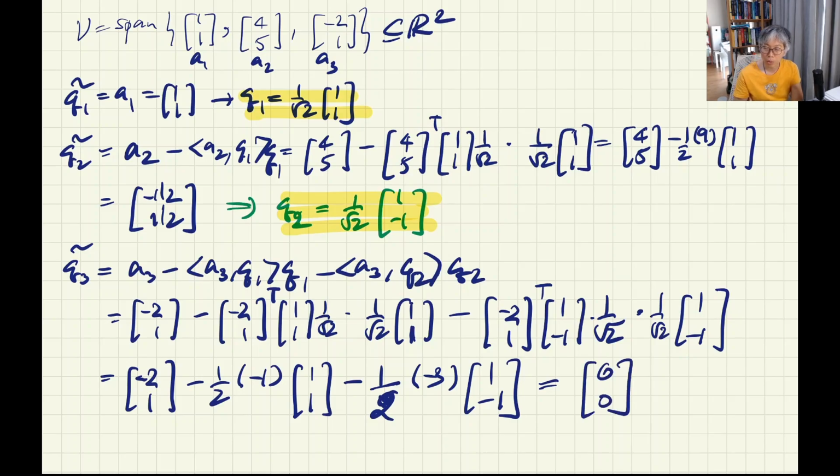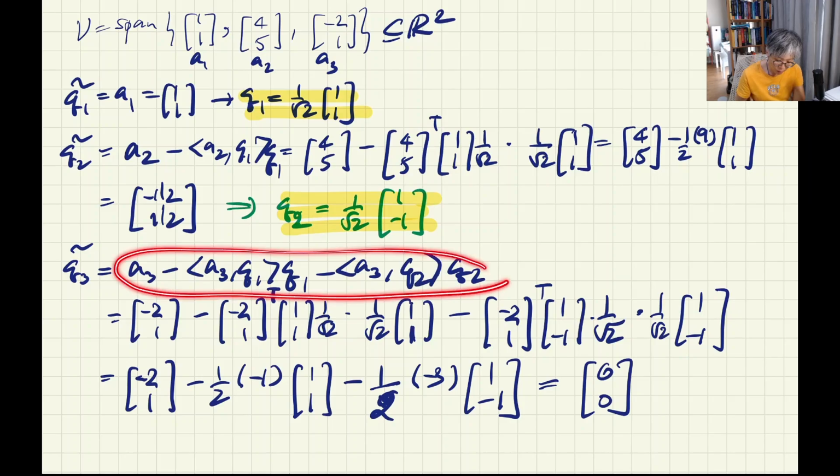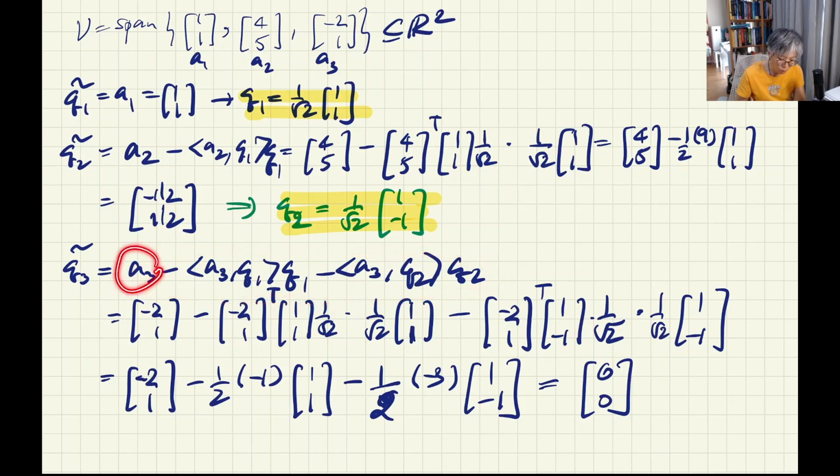And that is what it means when one of the Q tildes is 0: there is no residual left. It means that when you project A3 onto the previous vectors, all the components in A3 can already be explained by Q2 and Q1.